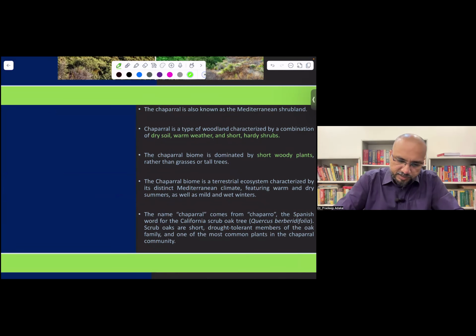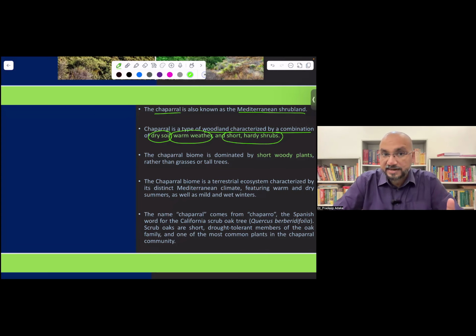Mediterranean chaparral is also known as Mediterranean shrubland. You will not see very large trees here; mainly shrubs dominate. It is a type of woodland characterized by a combination of dry soil, warm weather, and short hardy shrubs.